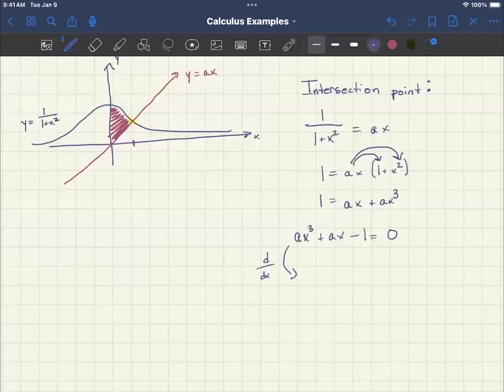Take our power down, so we get 3ax squared, subtract 1 for a new power, plus a, our constant 0 disappears. And you'll notice that because a is positive and our x value is squared, this is positive for all x.